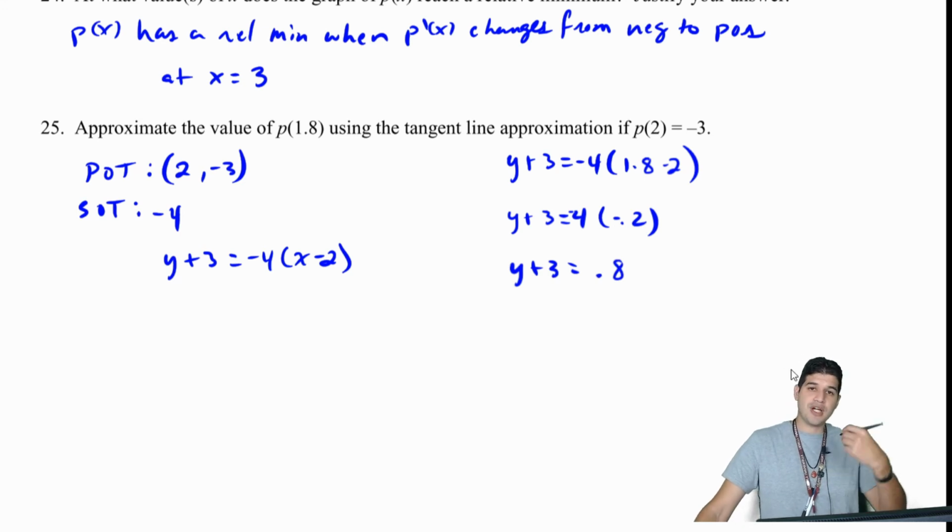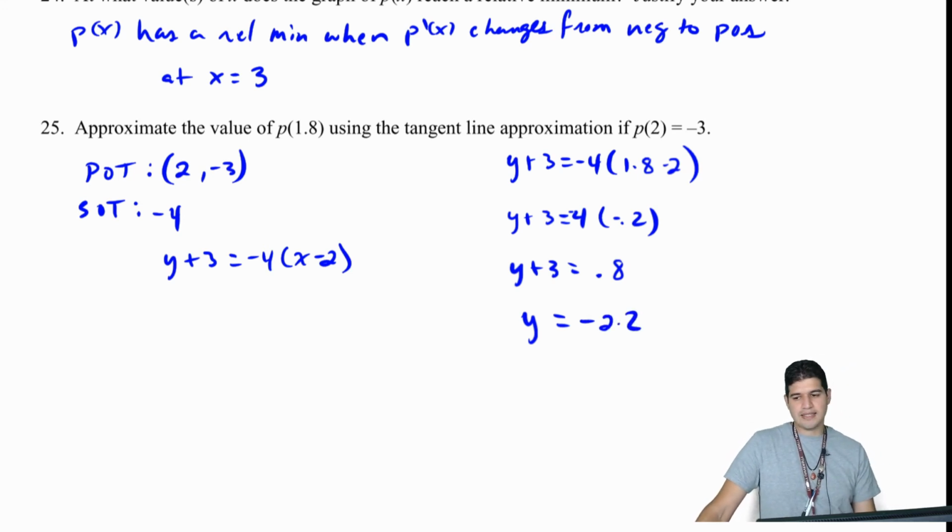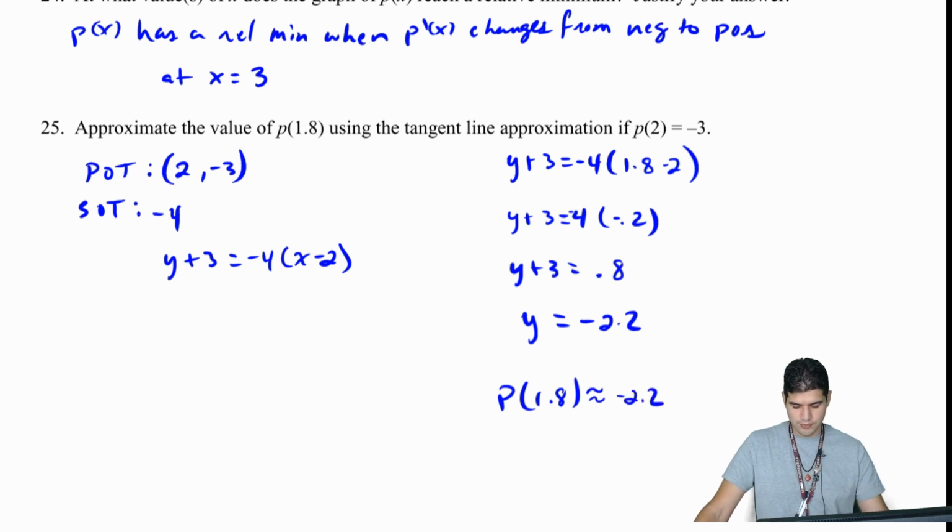Then I subtract 3 from that, so y equals -2.2. Our tangent line is being used to approximate p of 1.8 because 1.8 is pretty close to 2. We probably wouldn't want to get too much further than that, but 1.8 is fine. That came out to be approximately -2.2.